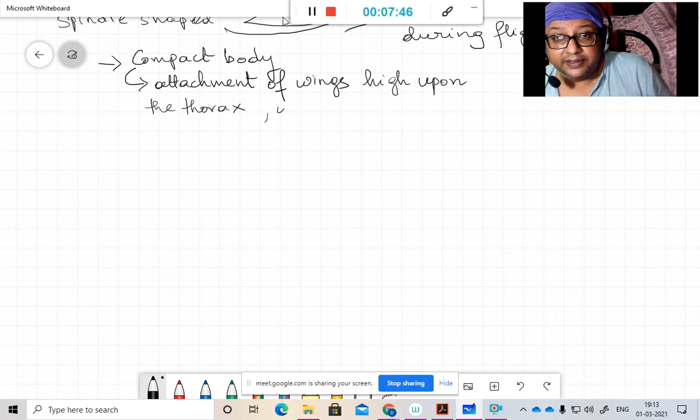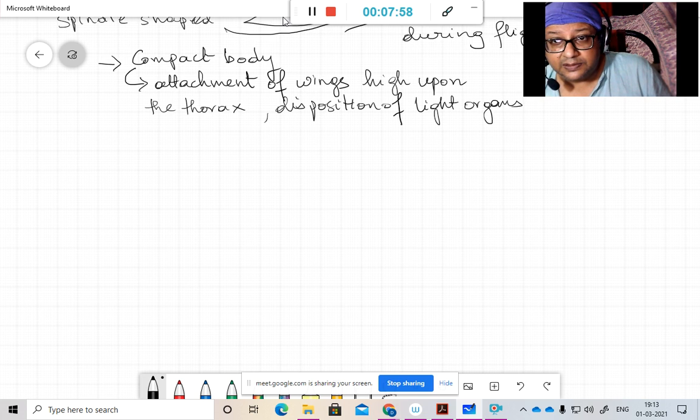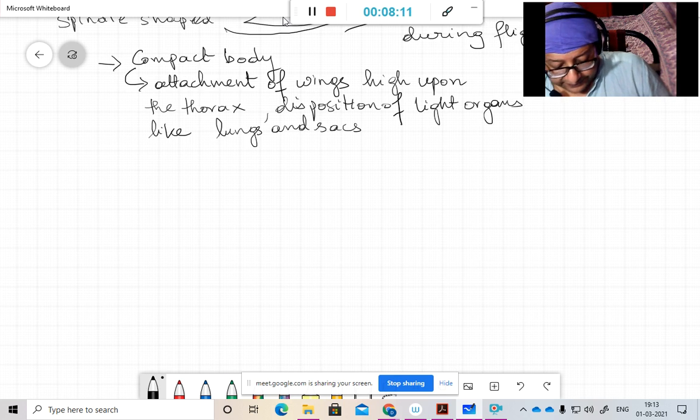then disposition of light organs like lungs and sacs dorsally.